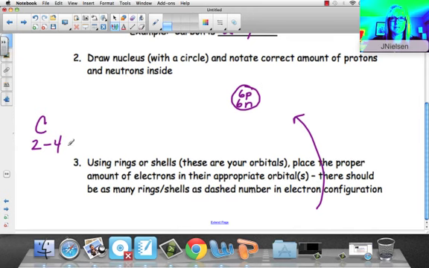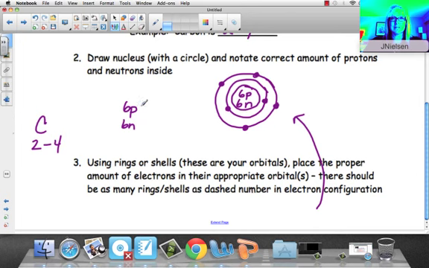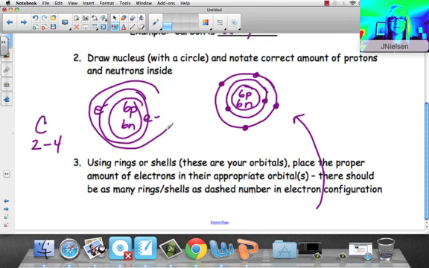It's got 2 shells, so I'm going to draw 2 rings. And then we have to add the electrons. So sometimes this is done like this. There's 2 electrons, and then we have 4 in our outer one. Another way it can be done is sometimes I just like to put the e. It's up to you. Really getting messy here.